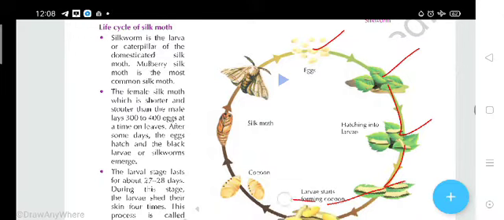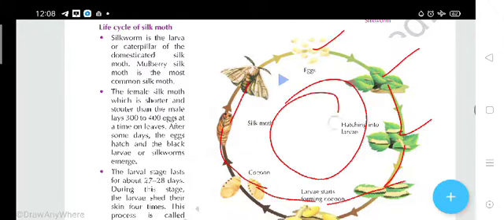Then this is the formation of the cocoon, and now that silk moth has become like this, and by breaking this cage of cocoon, it will come out from that cocoon and it will fly. So this is the simple life structure of what? Silk moth.